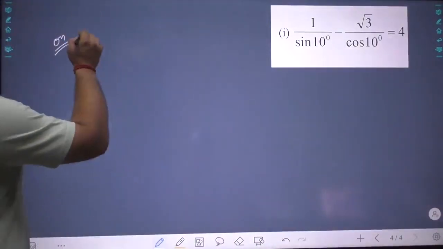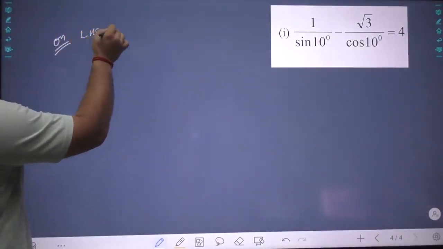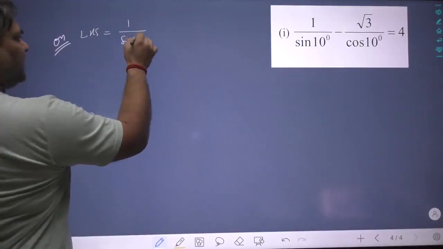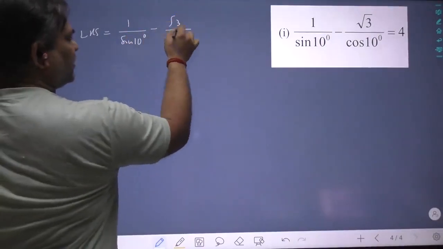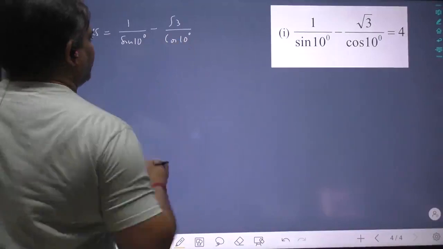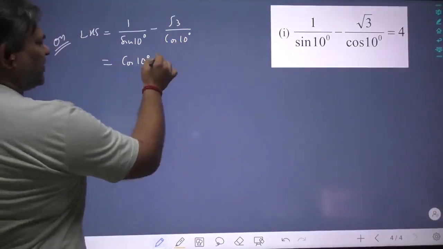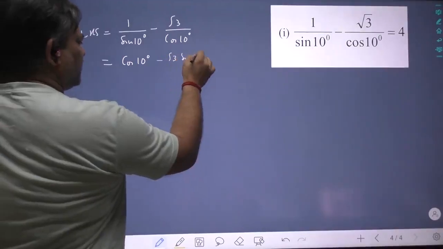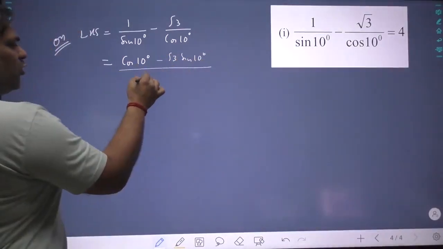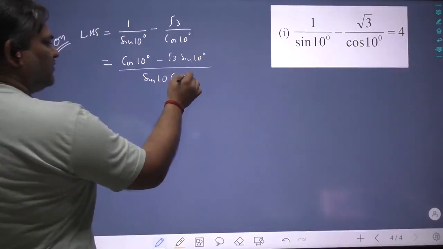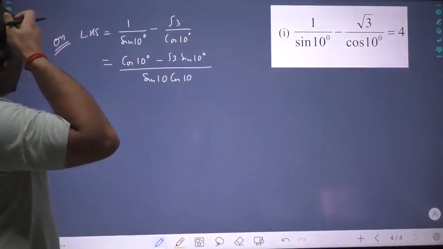Now see, let us see the left hand side, 1 upon sine 10 degree minus root 3 upon cos 10 degree. See the manipulation part. If I take the LCM, cos 10 degree minus root 3 sine 10 degree whole upon sine 10 cos 10. This we can write down.